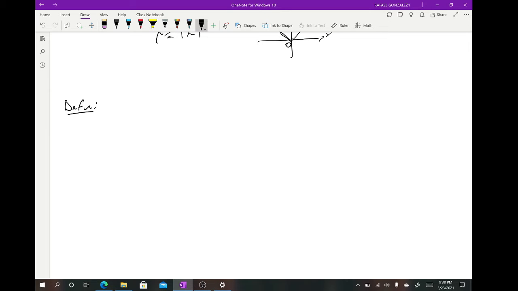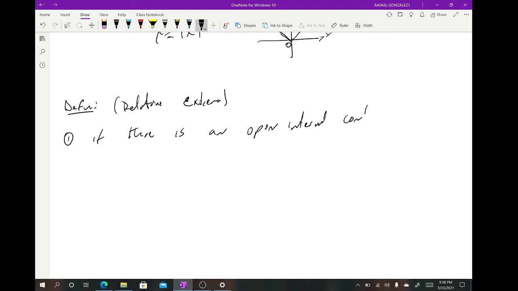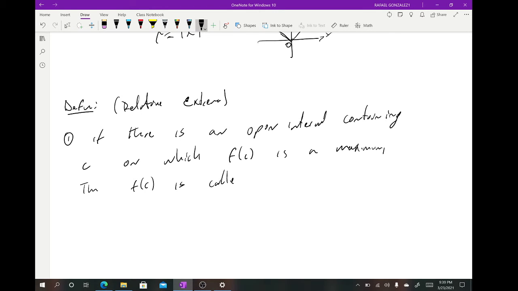Number one, if there is an open interval containing C on which f of C is a maximum, then f of C is called a relative maximum of f.